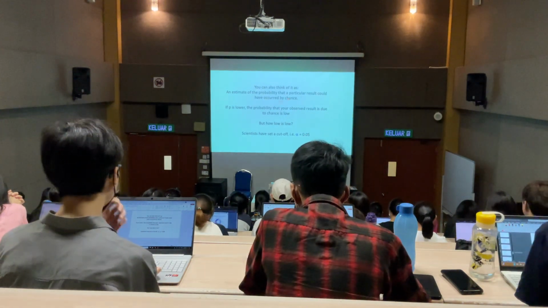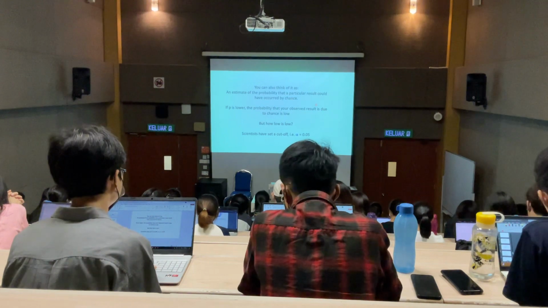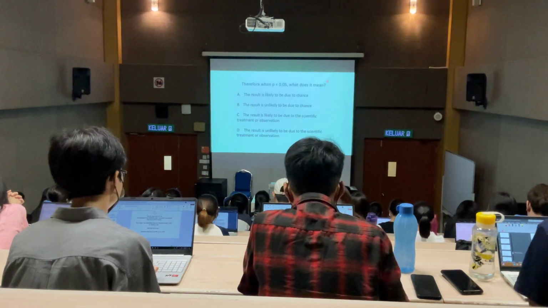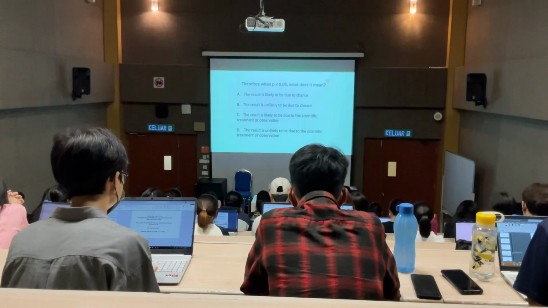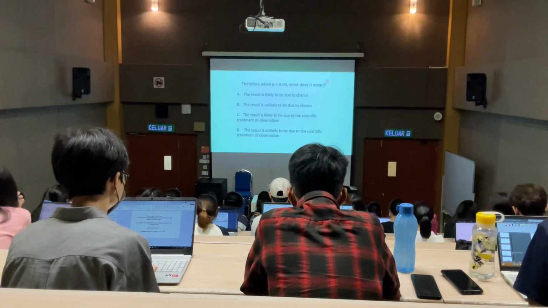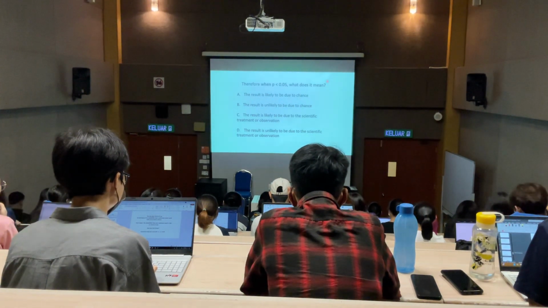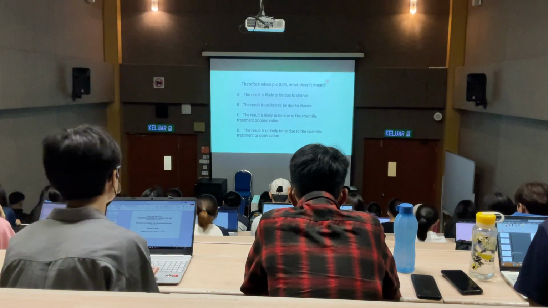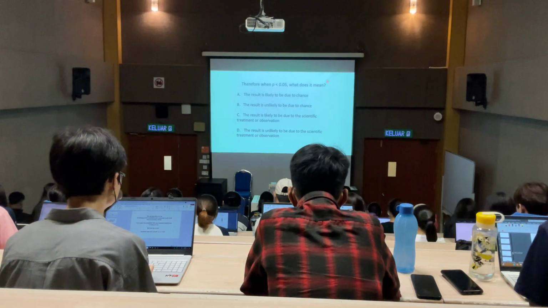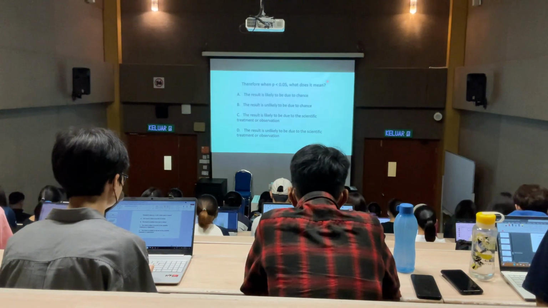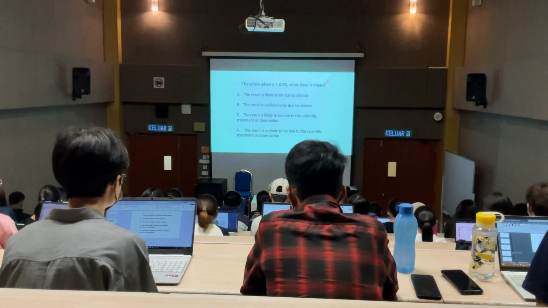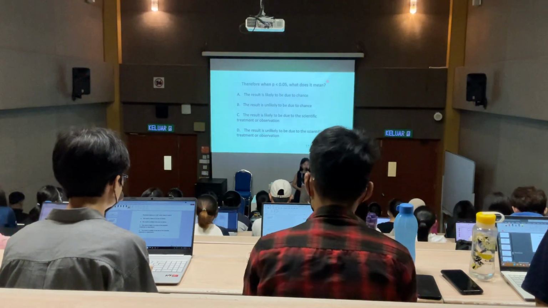So you do not want to support this statement, which said it is due to chance. So the result is unlikely to be due to chance, and the result is likely to be due to the scientific treatment or observation. These are the correct answers when you reject the null. Everyone clear?